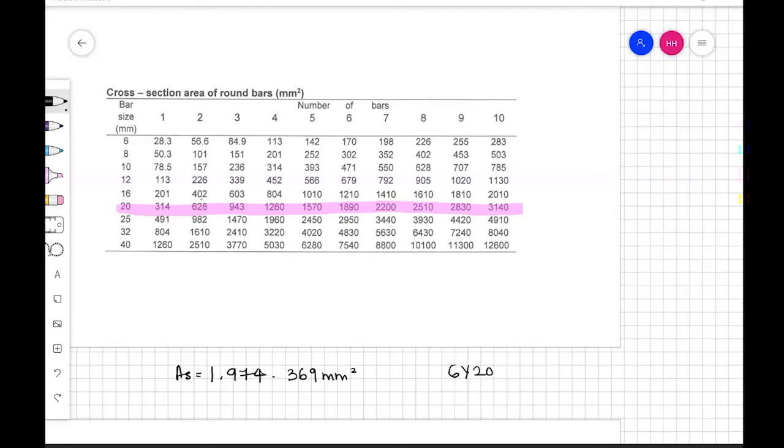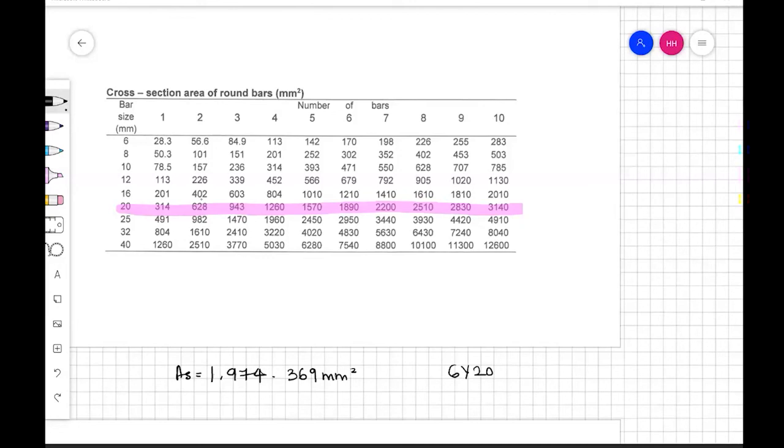Kalau you pakai 6Y20, because ini adalah minimum steel area, you cannot go below this number. Maksudnya AS ni adalah AS yang required untuk provide. Jadi ini yang paling minimum. So kita kena go higher. So 1890 tak cukup.